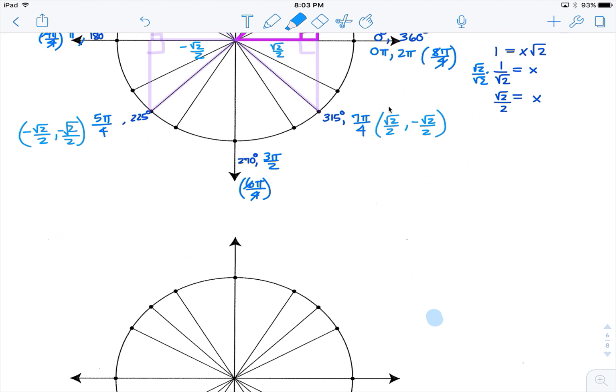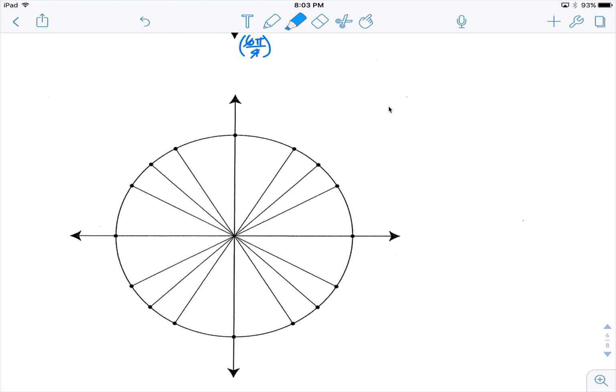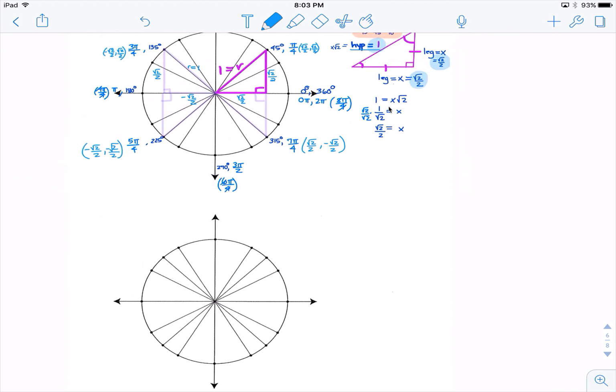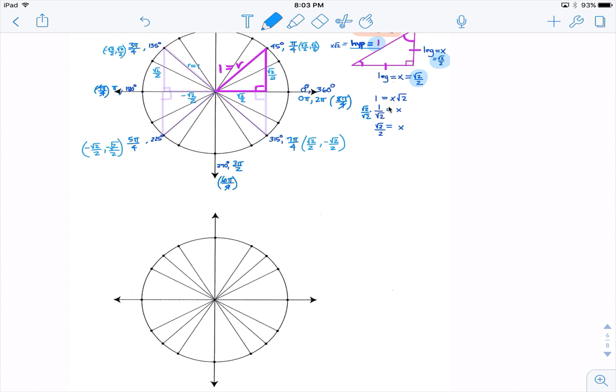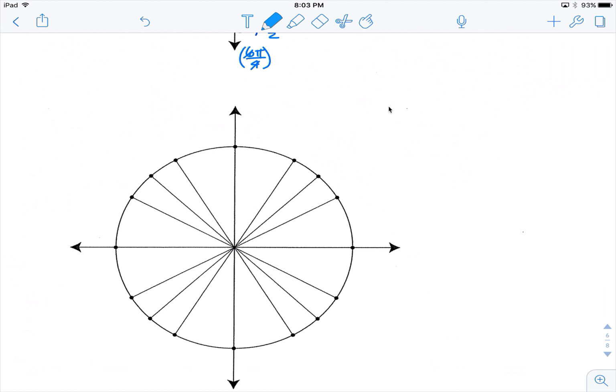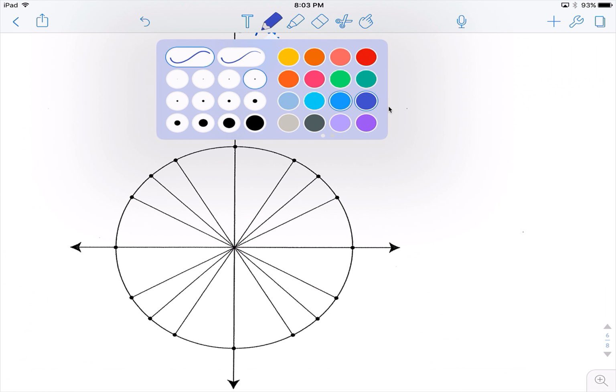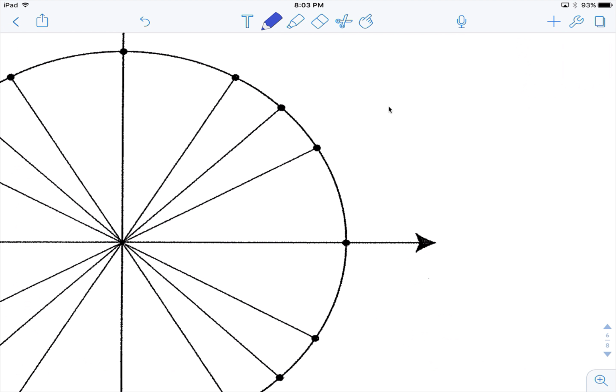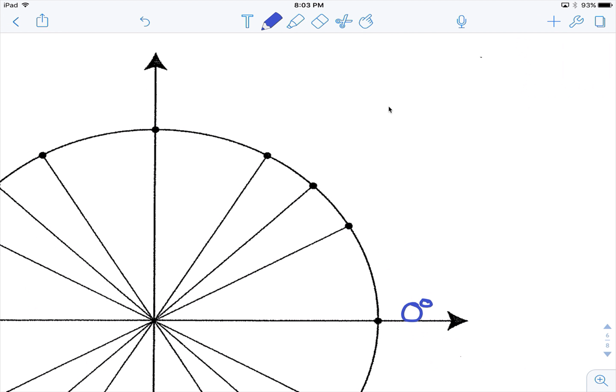Okay, so on this unit circle, we're going to go around and count everything again. It's good practice. We're going to do the degrees first, and then we're going to do radians, and then we'll put in our special right triangle. So we would start out at 0 degrees, and then we're going to count around by 30s.